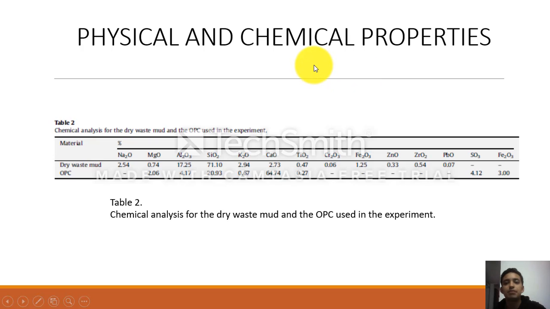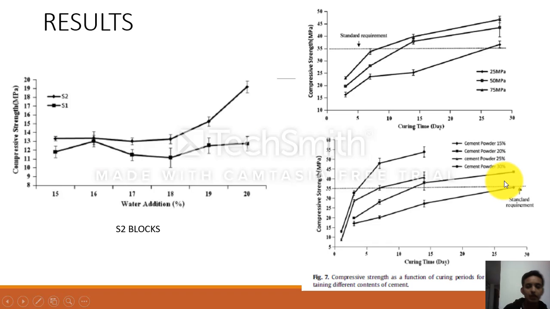As for the chemical properties, we can see in table number 2 what they obtained with the help of an X-ray diffraction pattern. They divided the investigation into two samples.